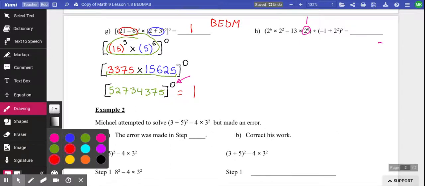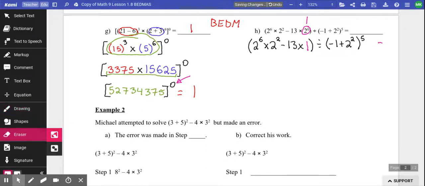So this now becomes 2 to the power of 6 times 2 to the power of 2 minus 13 times 1. Everything else will stay the same. So if you see those exponent zeros, it is kind of nice to deal with them first and cheat ahead of BEDMAS a little bit. We can calculate those things ahead of everything else.